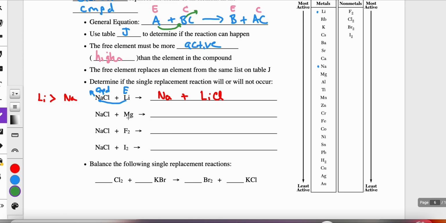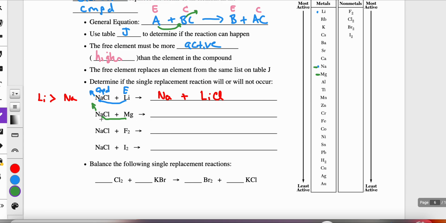So you take a look at the next example. Our free element is magnesium, and magnesium is right here on the list of metals, and it wants to try to kick out either Na or Cl. Na is in the same list as Mg, so Mg would like to kick sodium out.